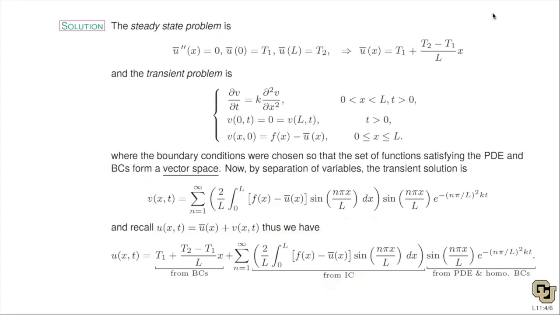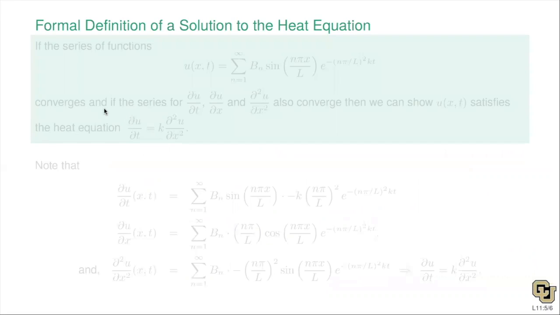But we don't know if our creation will live up to the hype. So we have to verify, number one, does it converge? We know it converges if the initial condition is nice enough. And number two, does it satisfy the heat equation?